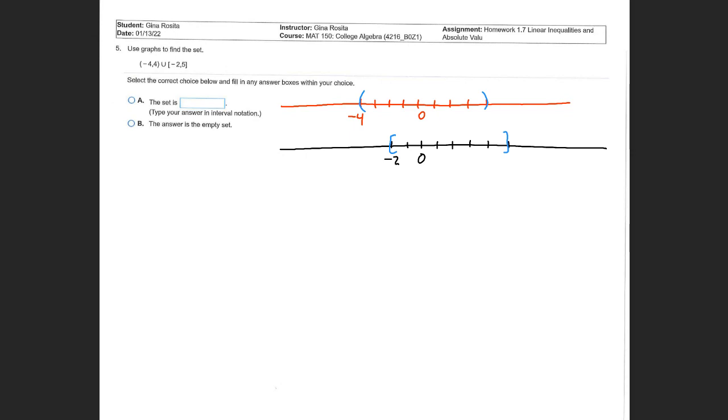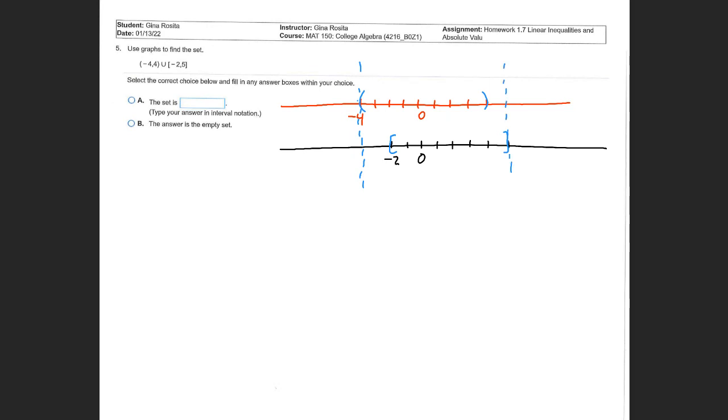Now look at both intervals. Take the portion of the number lines representing the total collection of numbers in the two graphs. So you just add them. From this one, just take a line over here, this and this one.